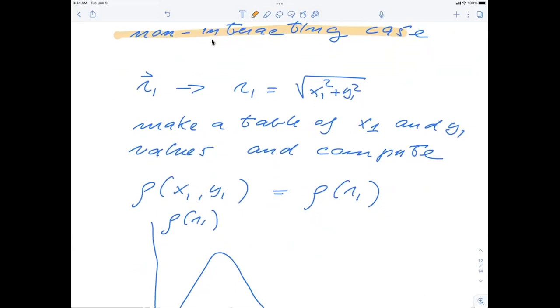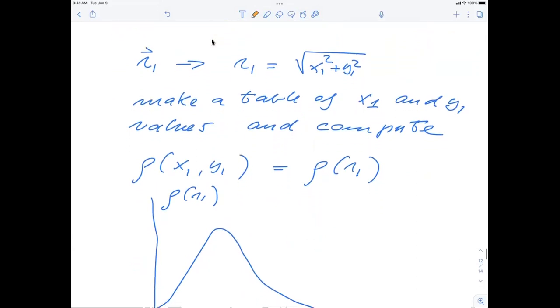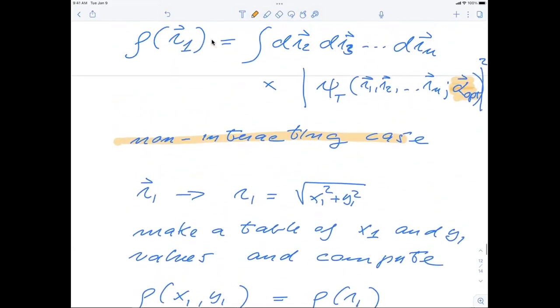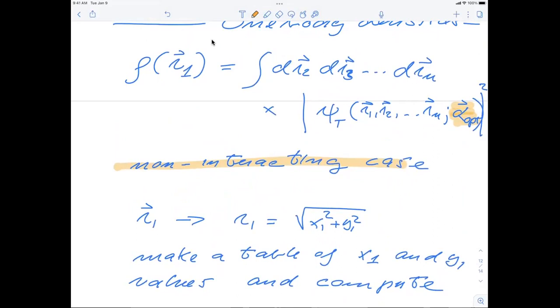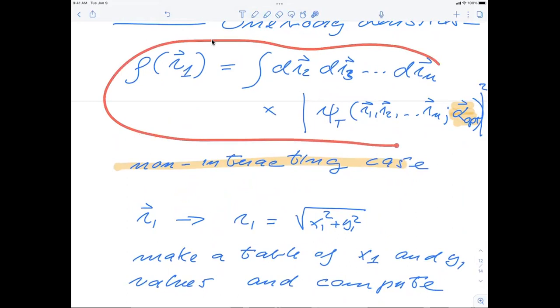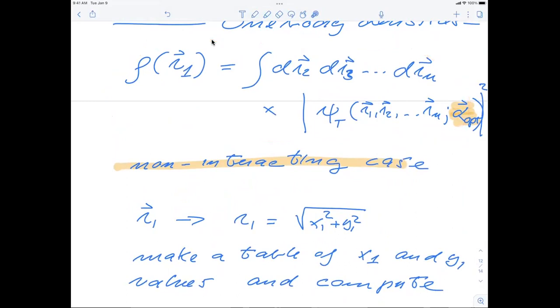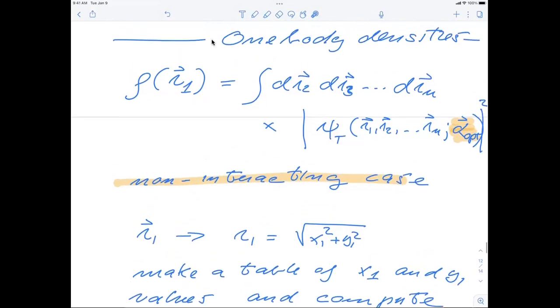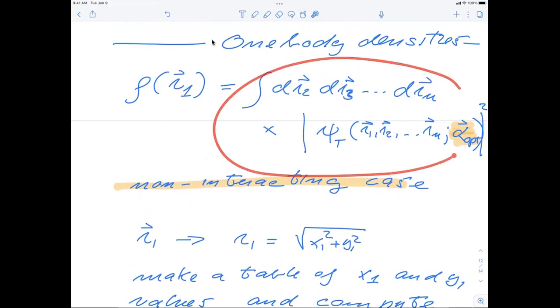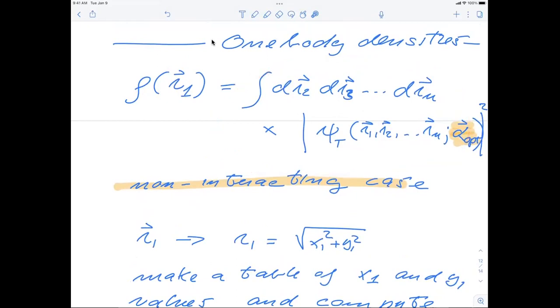To calculate it, what you need to do is simply to make a table, and if you're in 2 dimensions of x and y, then simply evaluate that integral. You would evaluate that integral by Monte Carlo integration in the same way as you've been evaluating the energy. So to calculate the integral which you see here, this is just another Monte Carlo calculation. When you have set up the calculation for the optimal parameters from which you start your large scale Monte Carlo calculation, you would also evaluate that integral while you calculate the energy.